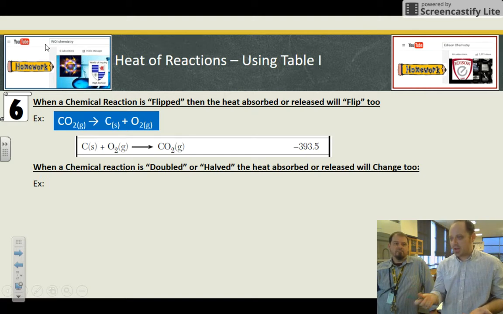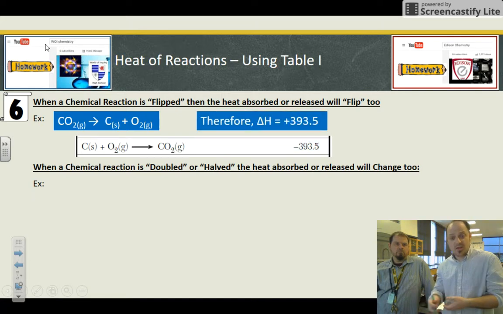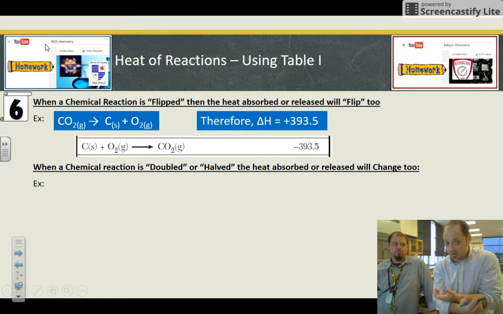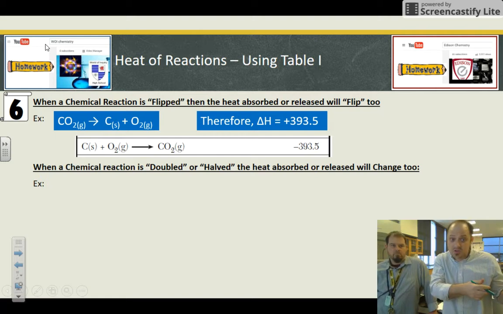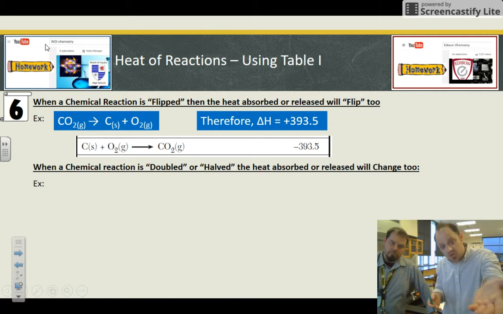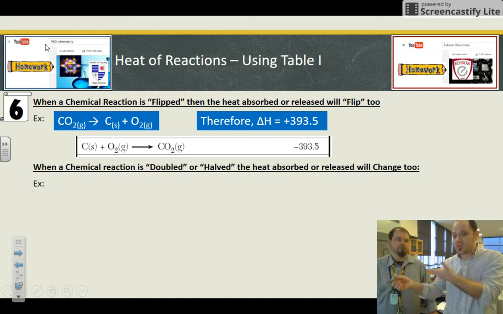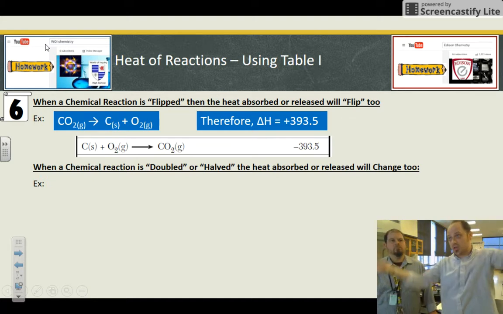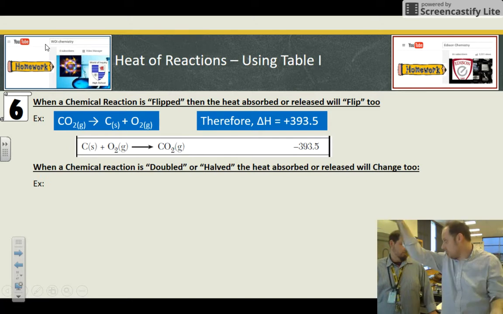If the first reaction says the carbon dioxide becomes carbon and oxygen, the reverse would be carbon and oxygen become carbon dioxide, which is what you see on the chart. So you switch the sign on the heat involved if you switch the direction of the reaction arrow. Exactly. Kind of makes sense.